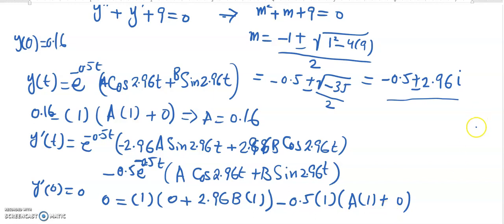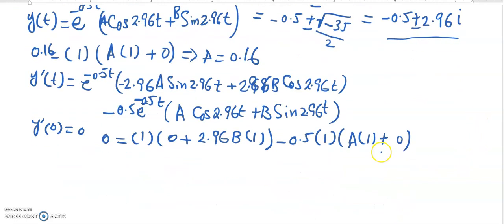Okay, so now we need to simplify it. So 0 is equal to 2.96 b minus 0.5 a. Now we know that a is equal to 0.16.